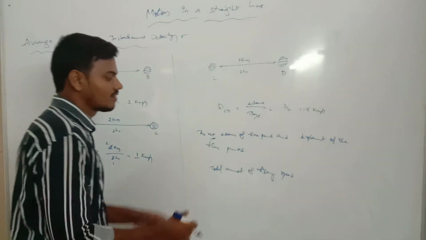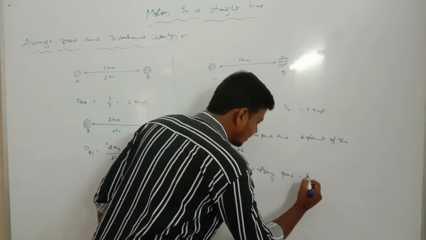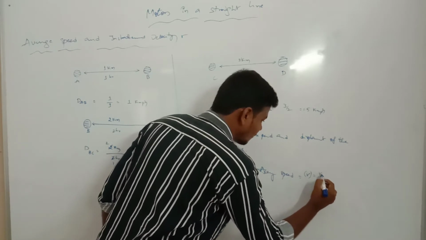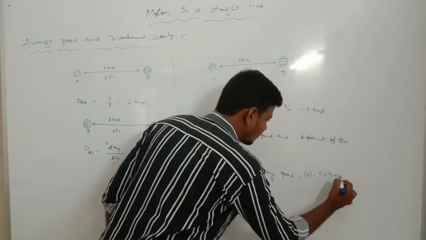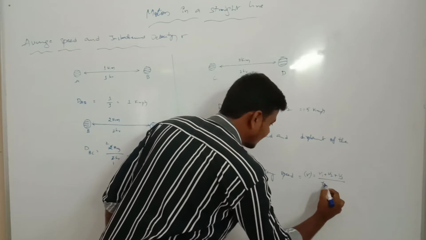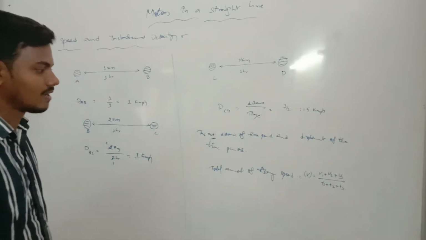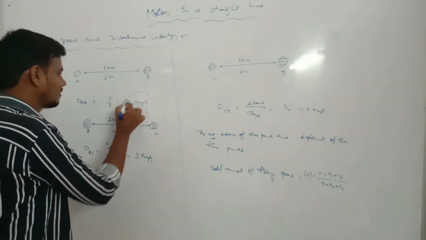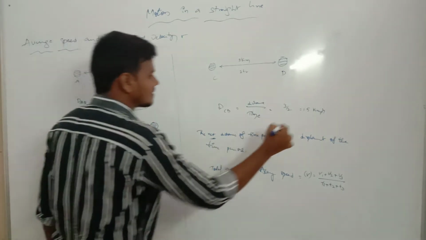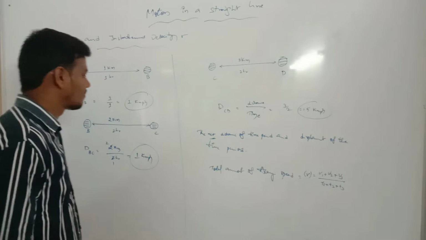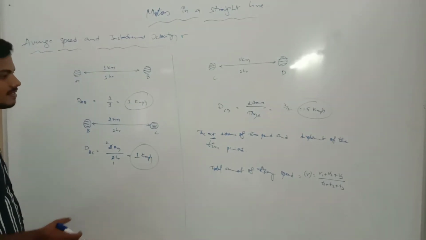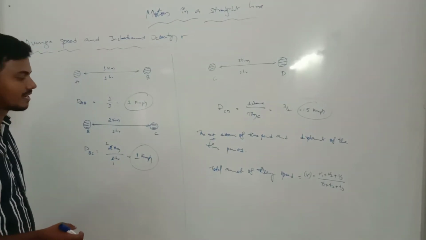Now the total amount of average speed is equal to V is equal to V1 plus V2 plus V3 by the time period T1 plus T2 plus T3. We are applying this to the first one and second one, and this is the third one. Moreover, first we are going to the velocities, how we can manage.